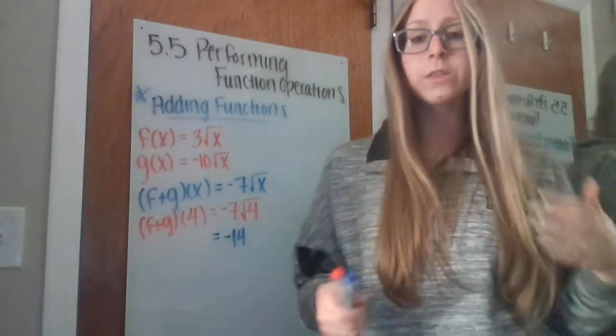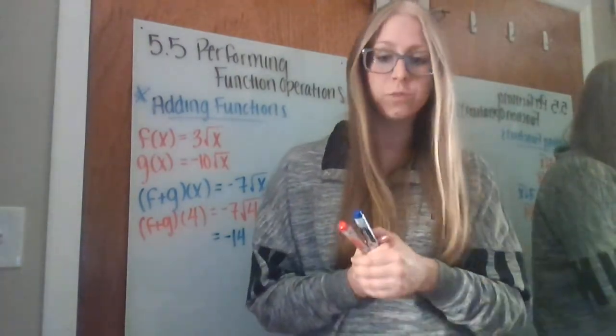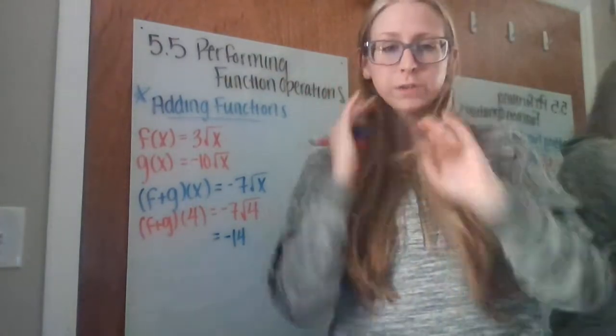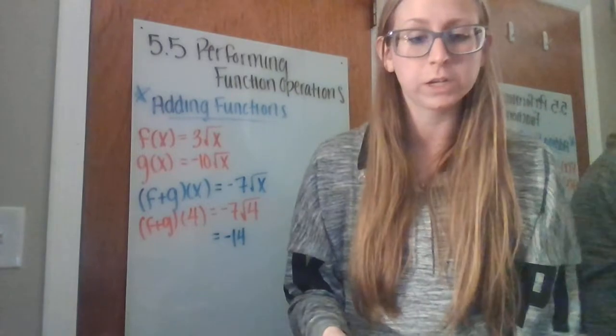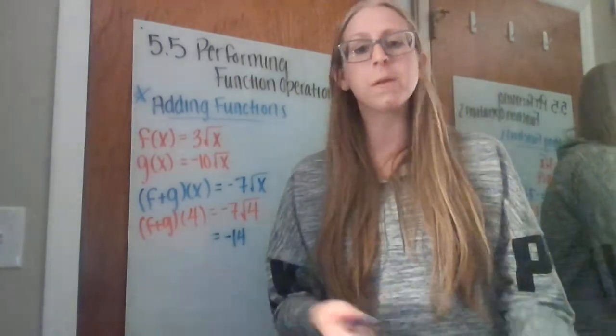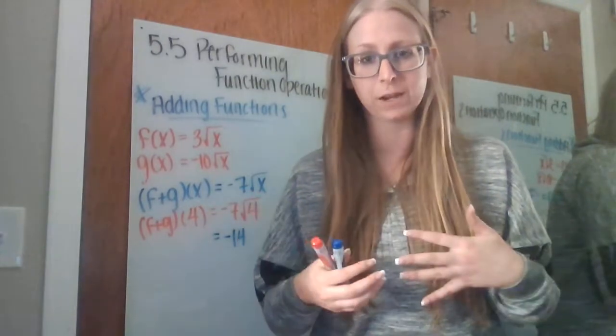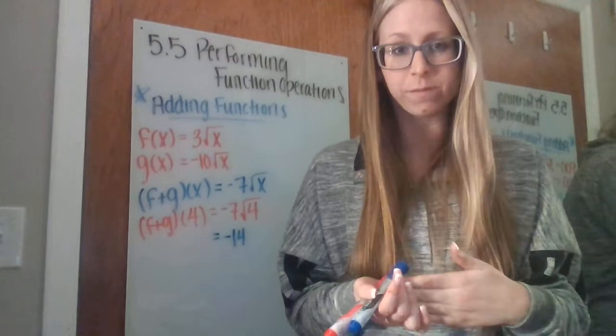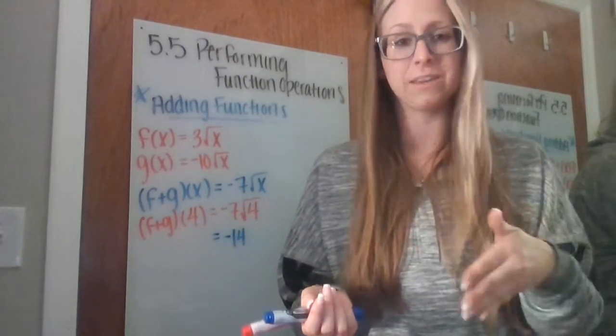All right. So the only other thing we have to talk about is domain and range. So we're talking square root functions, right? Actually, we're not even going to do range. We're just going to do domain. So we're talking about what x values can even be plugged into that function where we can find an answer. Remember, with square roots, you cannot have a negative number underneath an even root.